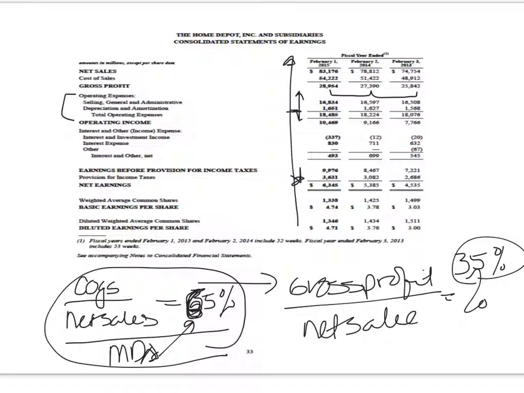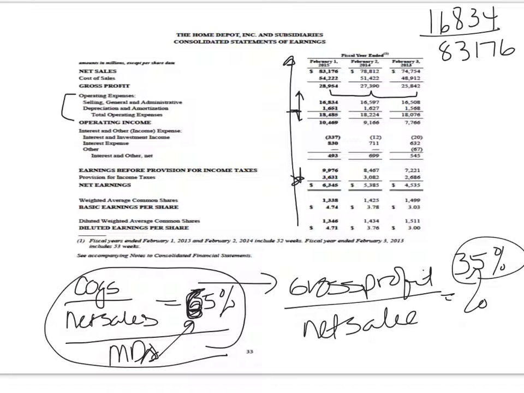So if I did an example of that here, I took $16,834 and divided it by 83,176. Give me a minute, let me get my trusty calculator. So 16,834 divided by 83,176 equals 20%, and you can do this too as we go.